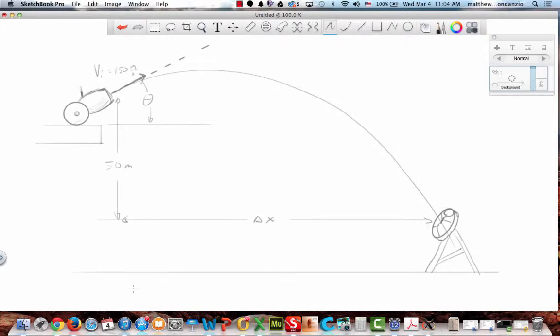Where does it need to be? I think I've given you enough information. And I also want to know the time to impact. This should be fairly simple.